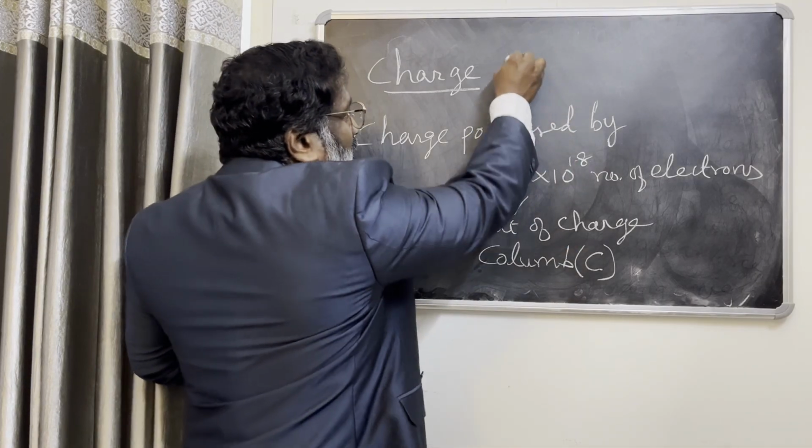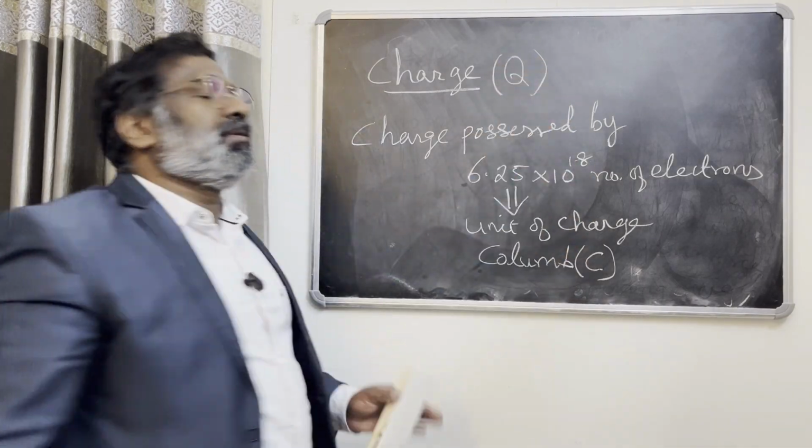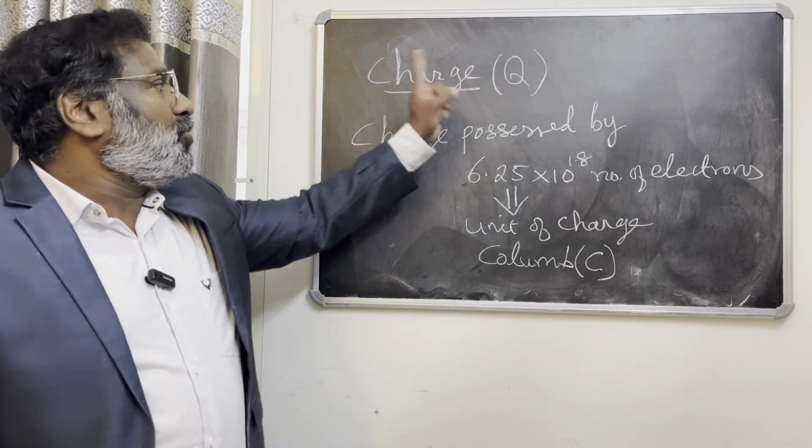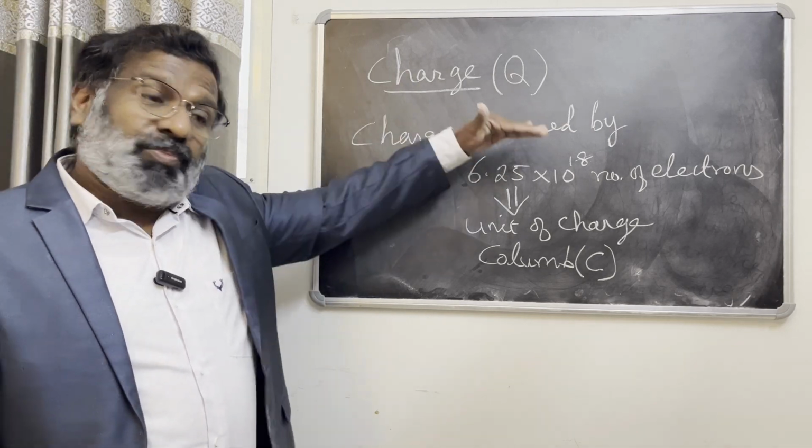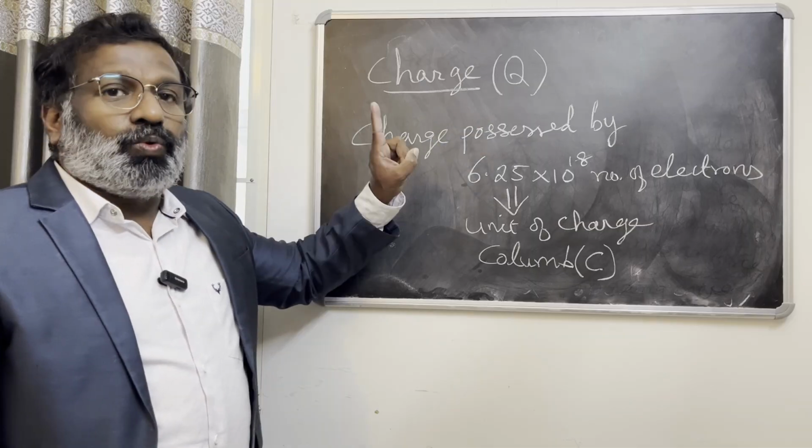Normally, charge will be denoted by the letter capital Q. Letter capital Q denotes charge. So, charge possessed by 6.25 into 10 power 18 number of electrons together is called 1 Coulomb.